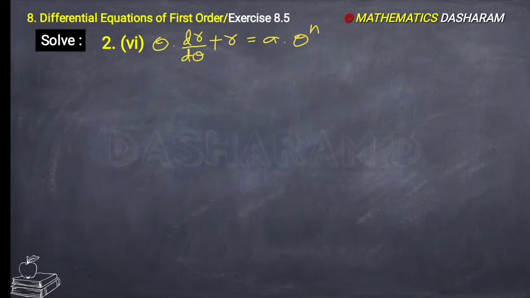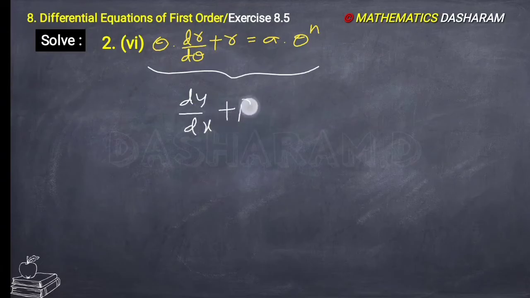Sixth question: theta into dr by d theta plus r equals to a into theta to the power of n. So let us convert this equation in the form of dy by dx plus p into y equals to q. But here instead of x we have theta, and instead of y we have r.